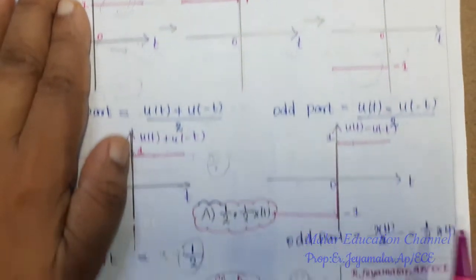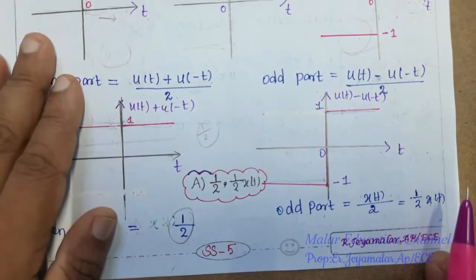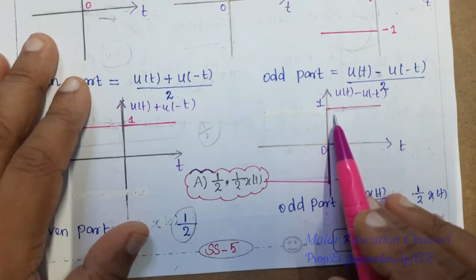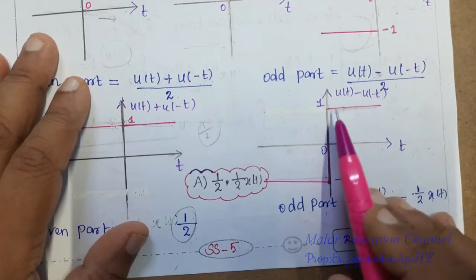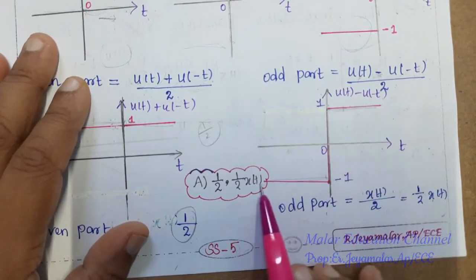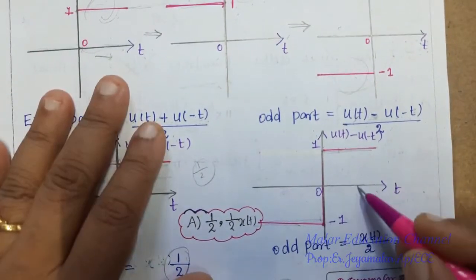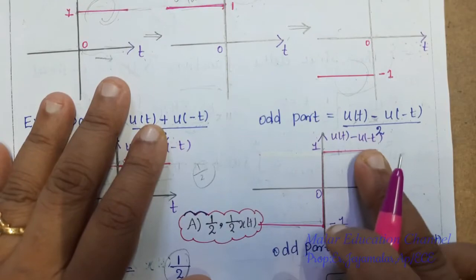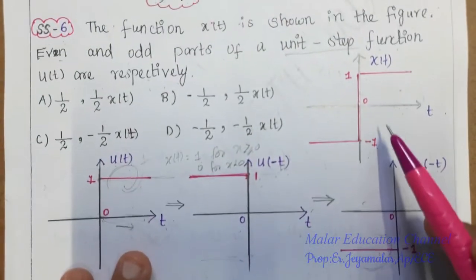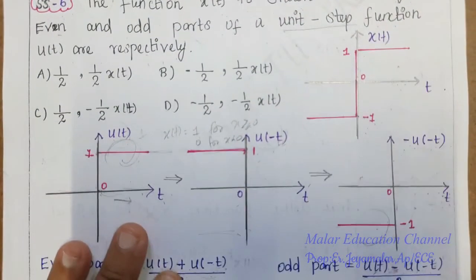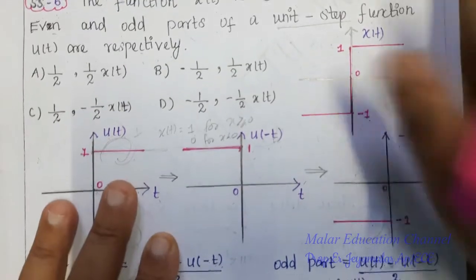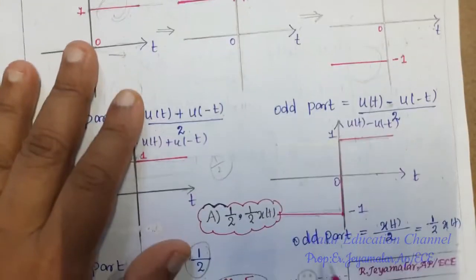You have to add them. The resultant graph is like this. This is the positive direction, this is the negative direction. Comparing the graph of u of t minus u of minus t with the given function, both are the same. So this is the odd part.